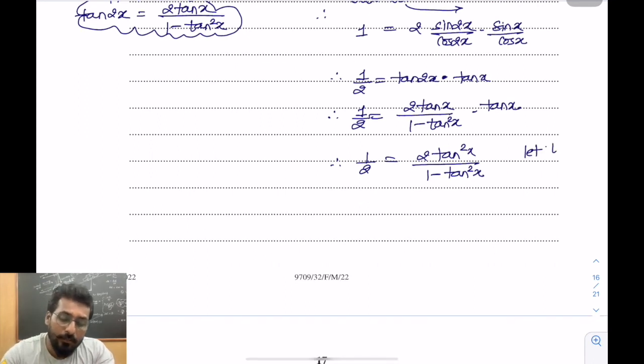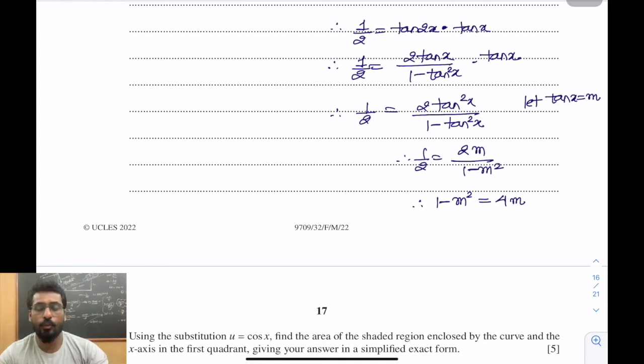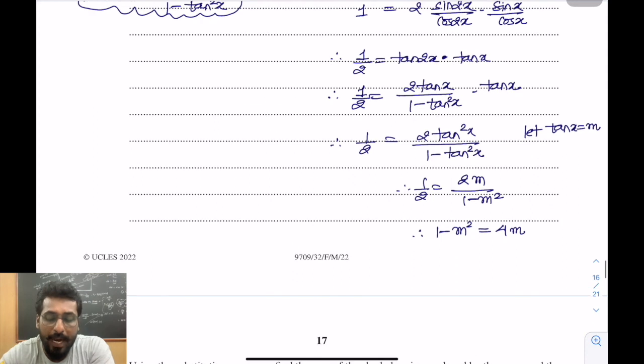Let us say tan x is taken as m for some time. So I get 1 by 2 is equal to 2m upon 1 minus m square. Can you simplify? So I get 1 minus m square is equal to 2 times 2m. So that's 4m. All things are good, right? So you get 1 minus m square is equal to 4m.